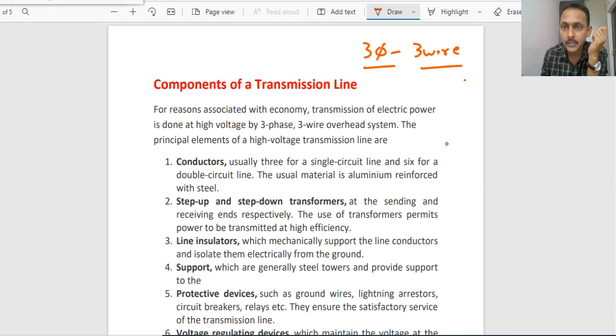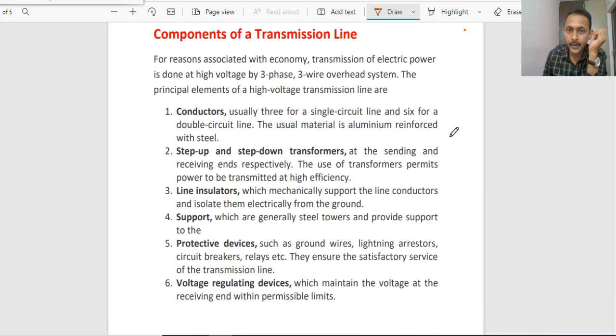In order to transmit the power, we require conductors. The power will be transmitted through the electrical conductors.